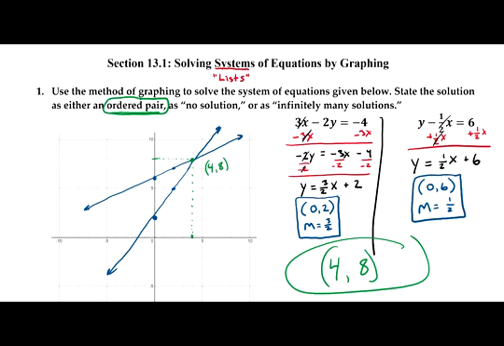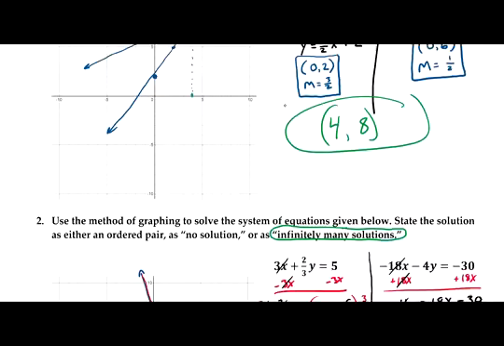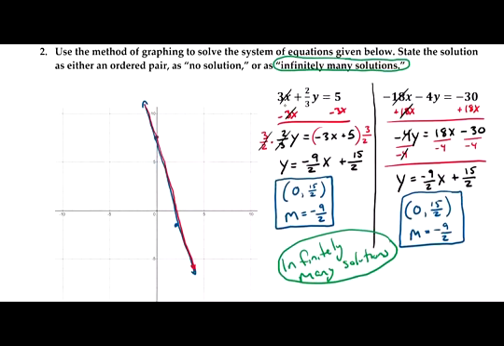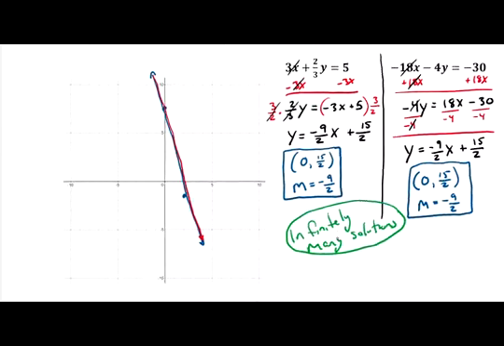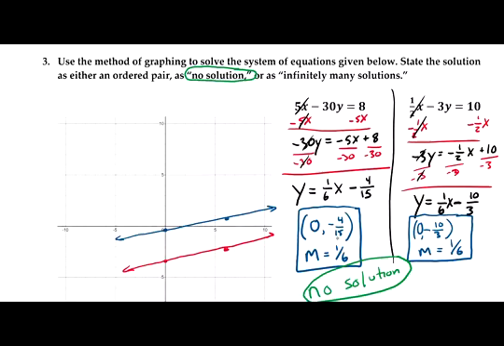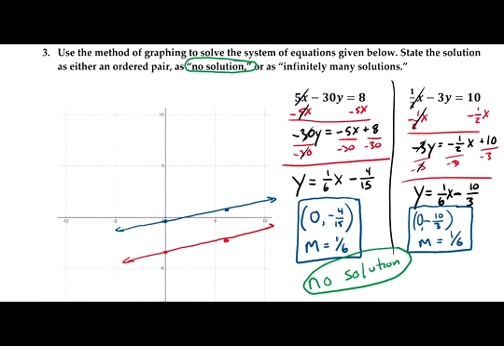And the two special cases of no solution or infinitely many solutions occur when you have the same line. Both equations give you that same line, so they overlap everywhere, so there's infinitely many solutions. Or the other special case is when you have two lines that are parallel, so they never meet. In that case, there are no solutions.